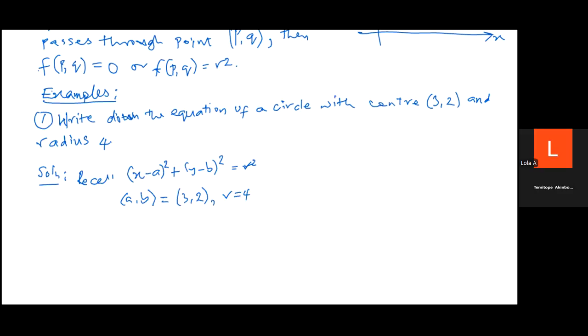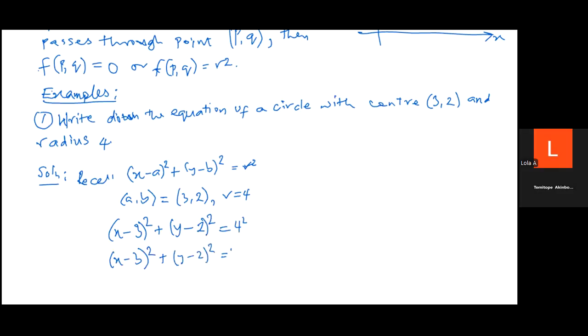I will now have (x − 3)² + (y − 2)² = 4², which I can write as (x − 3)² + (y − 2)² = 16.